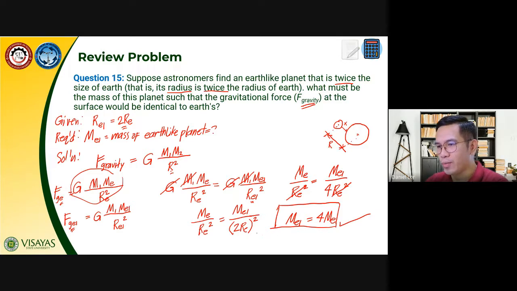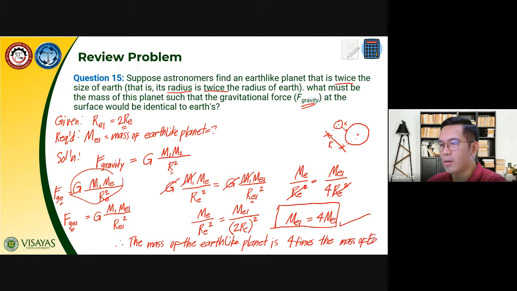You can also state here that the mass of the Earth-like planet is 4 times the mass of the Earth, so that their gravitational force will be the same, or identical.